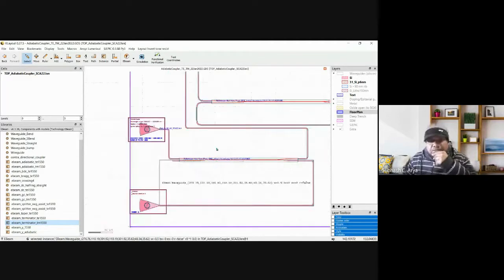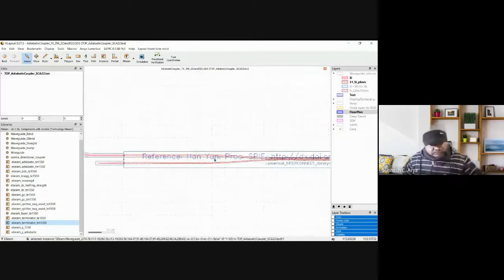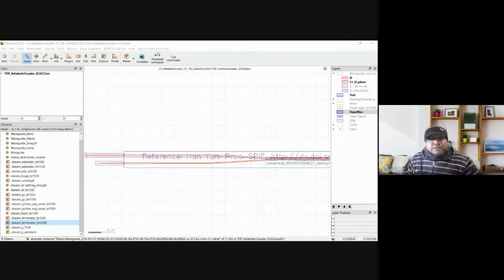You have to select view. This waveguide is being selected. I want to select this adiabatic coupler. Rescue. Again it is a waveguide. Okay. Rescue.